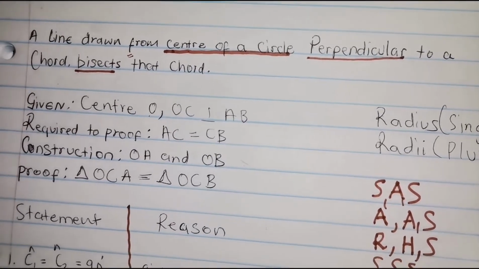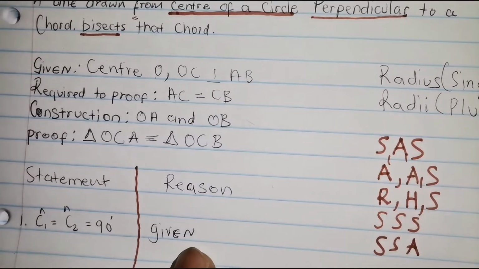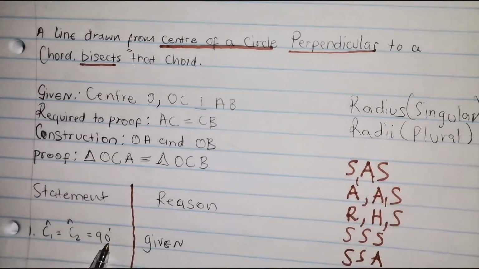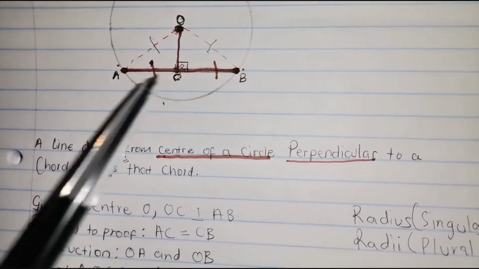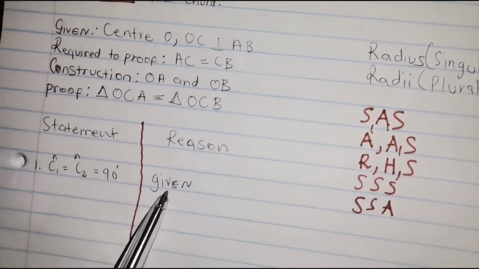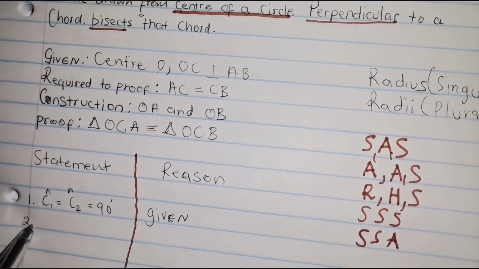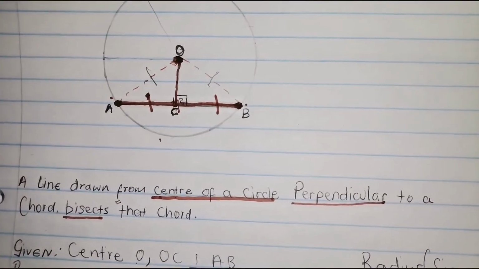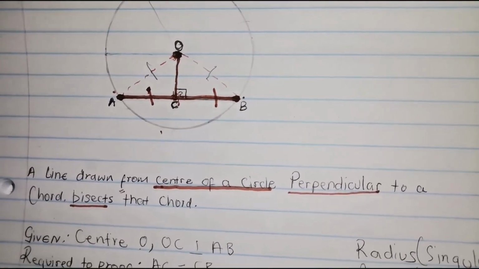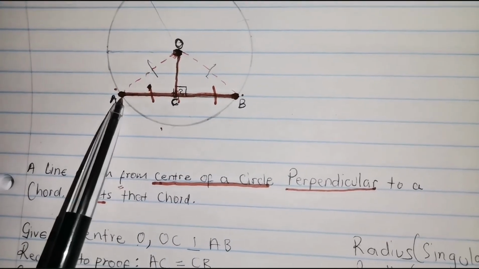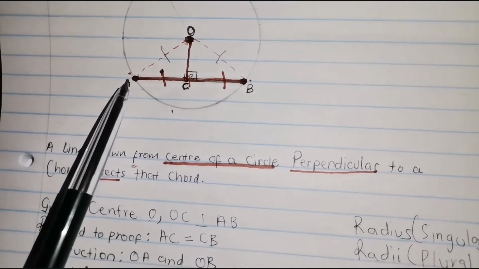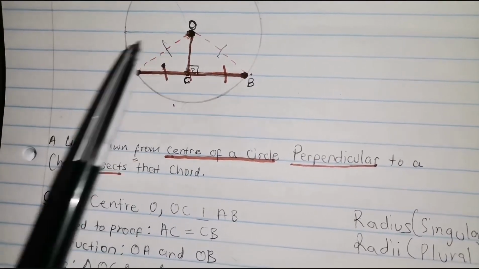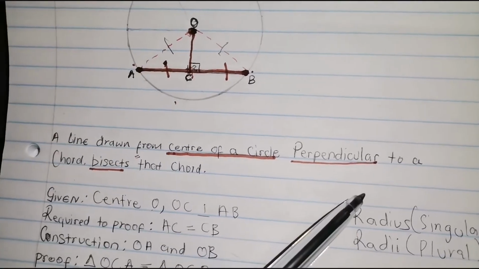When we talk about given here in the reasoning, it is because of this 90-degree angle. It is visible on the diagram. Hence we involve a given here. Then number two, the second step is to check triangle OCA: which two angles or which two sides on both triangles are equal?